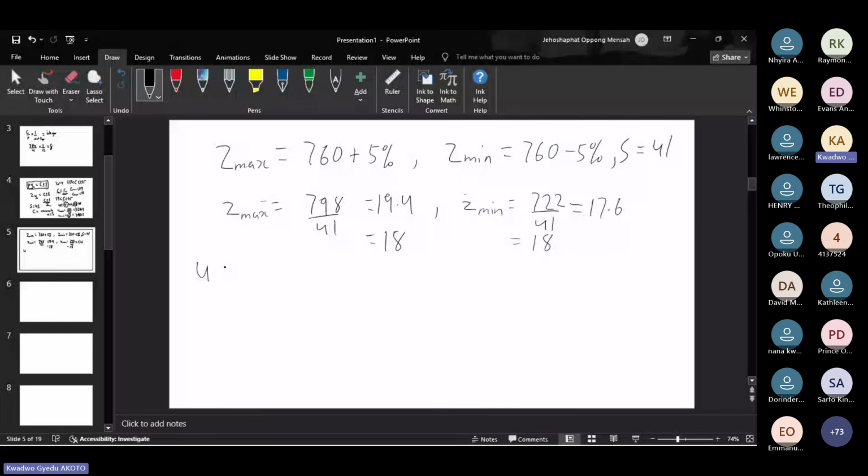So we can conclude that if U max is 3 and U min is 3, then U is equal to 3, right? And for the number of conductors per slot, if Z max is 18 and Z minimum is 18, then Z is 18, right?